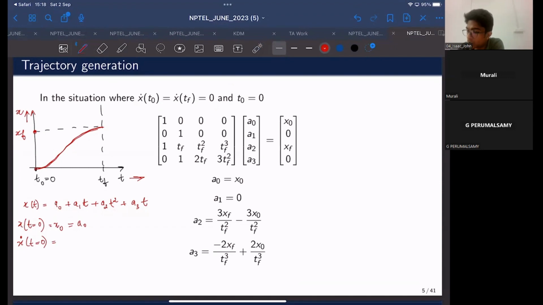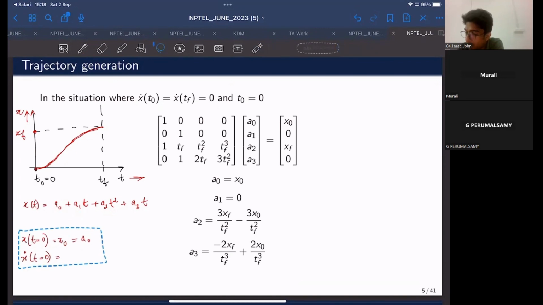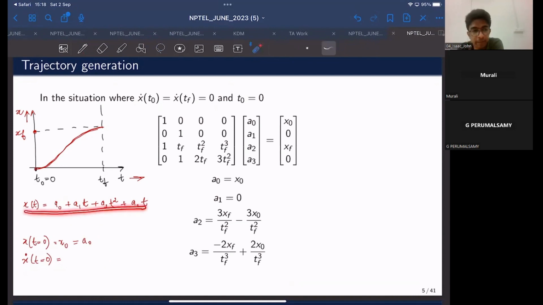So we'll also need one more equation. If you take the derivative of this equation with respect to time, what will you get? X dot of t is nothing but a1 plus 2a2t plus 3a3t square.